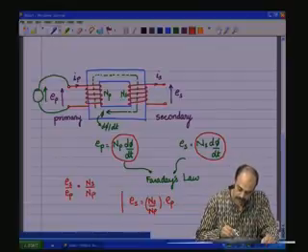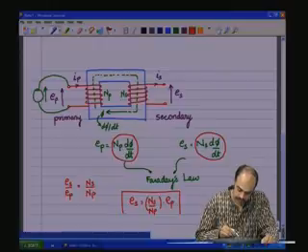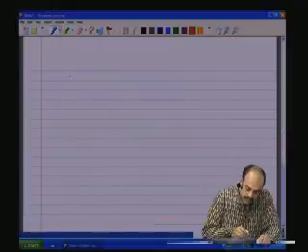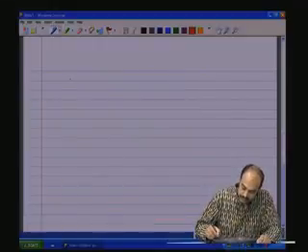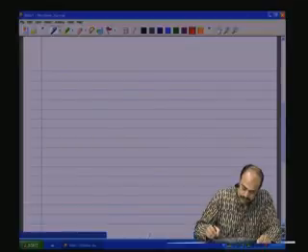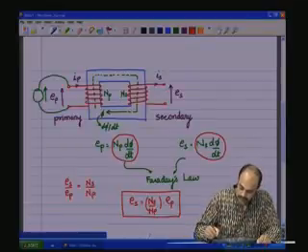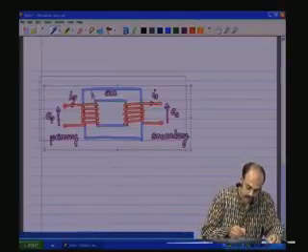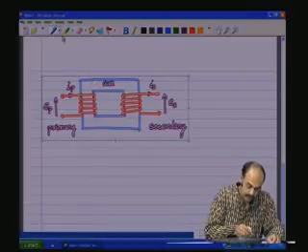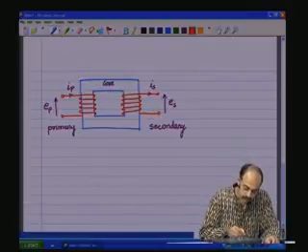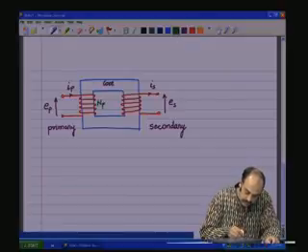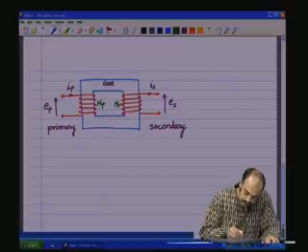This is one of the major equations for the transformer operation. Now, the primary here contains Np number of turns and the secondary Ns number of turns.